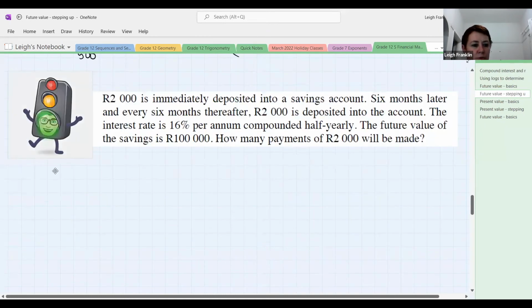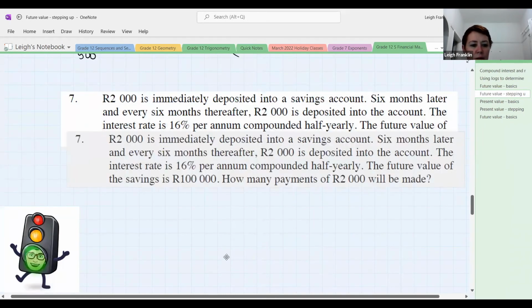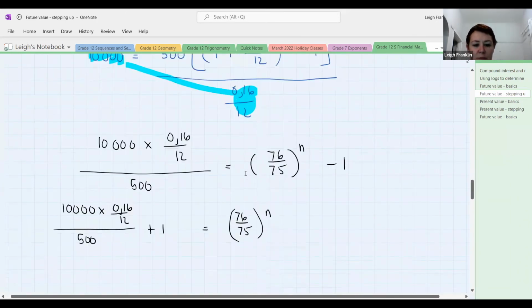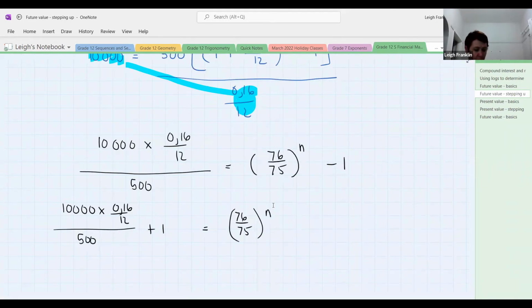Let's work out what that number is. Don't forget you must divide by 500 first, and then add 1.